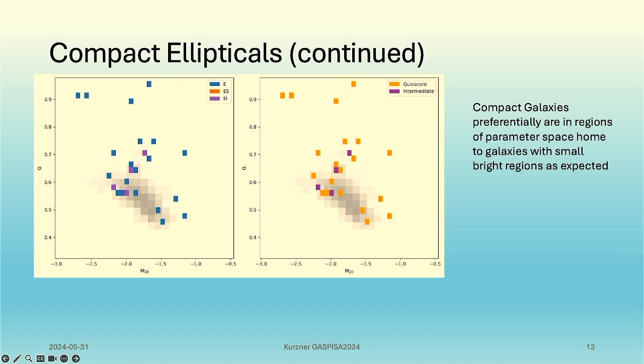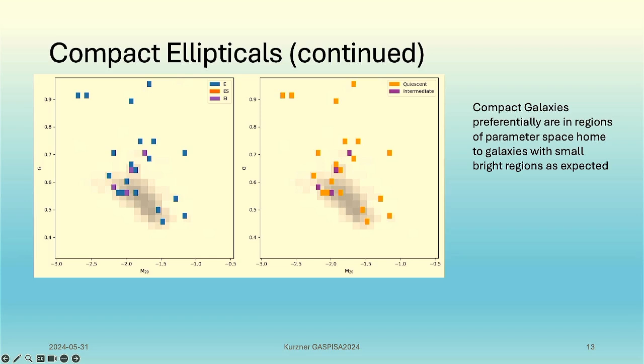You can see that preferentially, ignoring some of the strange outliers that may have at this moment gone through our cleaning process undetected, these galaxies are living preferentially in an area of parameter space where galaxies that have a lot of bright light concentrated in very small portions of their galaxy is where you're most likely to find these galaxies, which was an important confirmation that these visual morphologies are physically motivated, and the non-parametric morphologies do confirm this and allow us to back this up in a new region of parameter space itself.